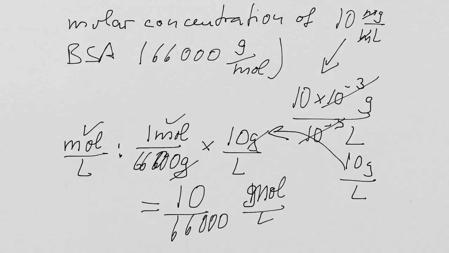Right? Any questions about that? Of course, you can do it in a different way if you are so inclined. As long as you get the right result and the right unit, up to you. Okay?